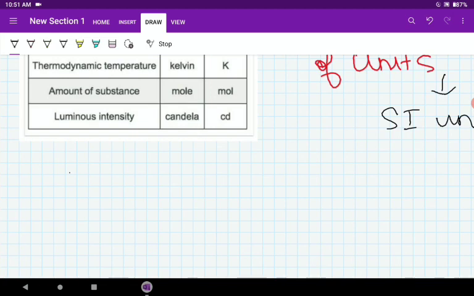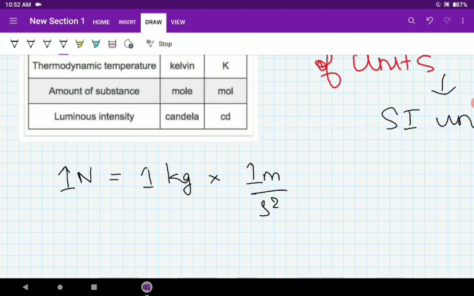So what is 1 Newton force? 1 Newton force is 1 kg multiplied by 1 meter per second square acceleration. So 1 Newton force is defined, the force needed in order to obtain 1 meter per second square acceleration for a body of 1 kilogram.